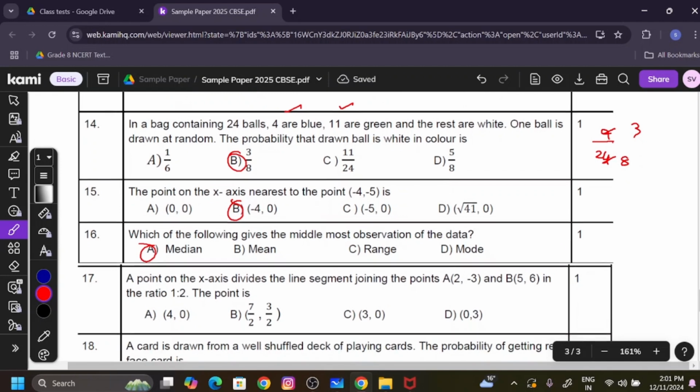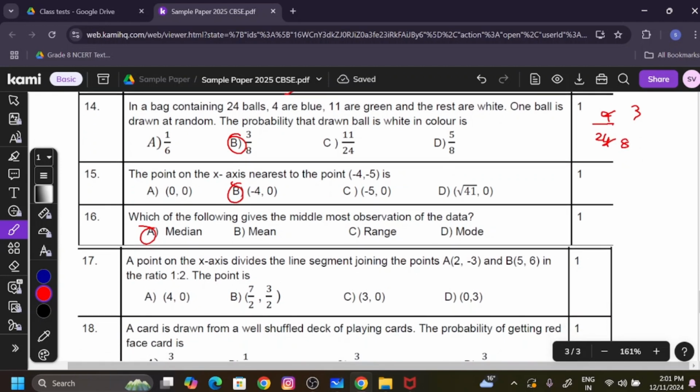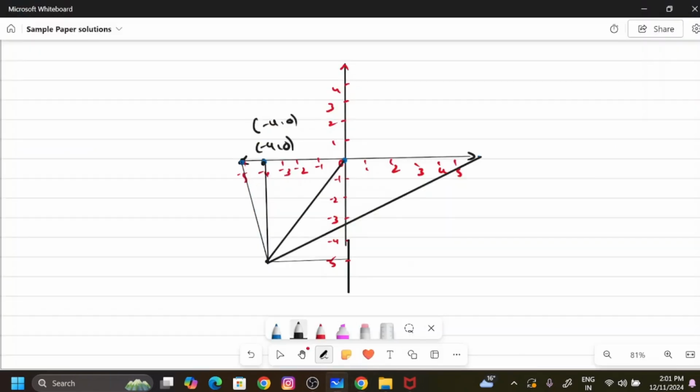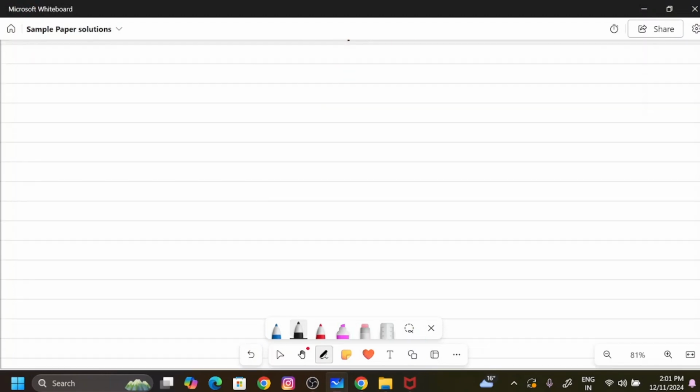Next, a point on x-axis divides a line segment joining the points A 2, -3, B 5, 6 in the ratio 1:2. So we know we need to use a section formula. We have coordinates of A 2, -3, B 5, 6 and it is dividing in the ratio 1:2. So x1, y1, x2, y2, this is m:n.